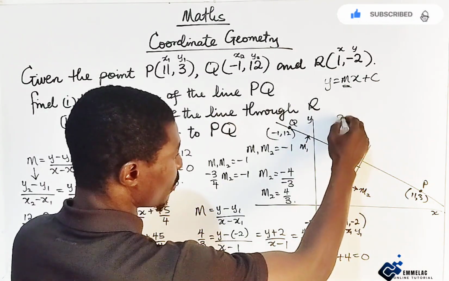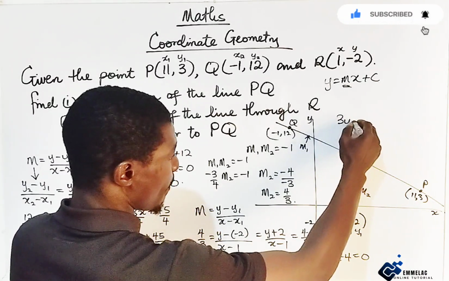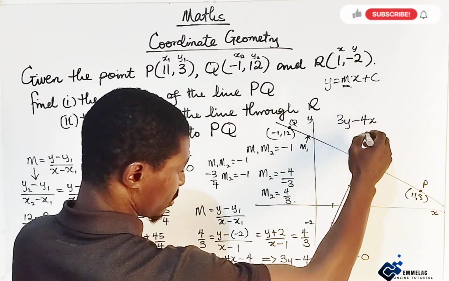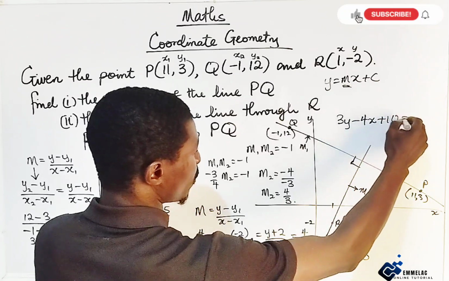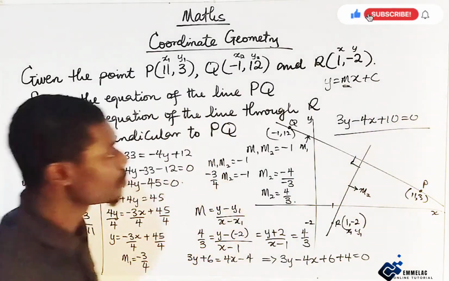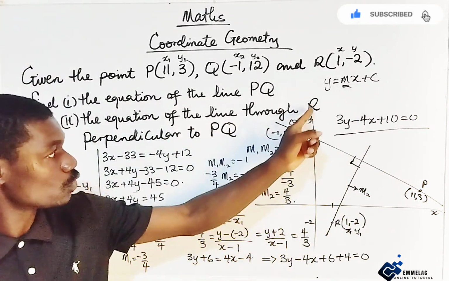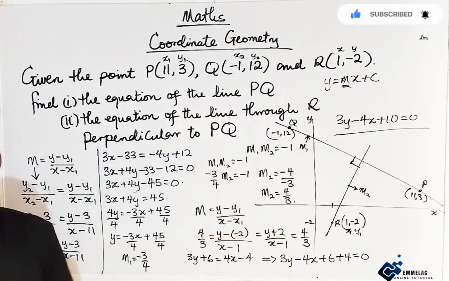Here we have 3y minus 4x plus 10 equals 0.